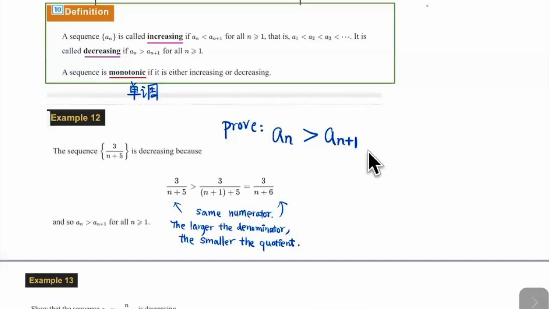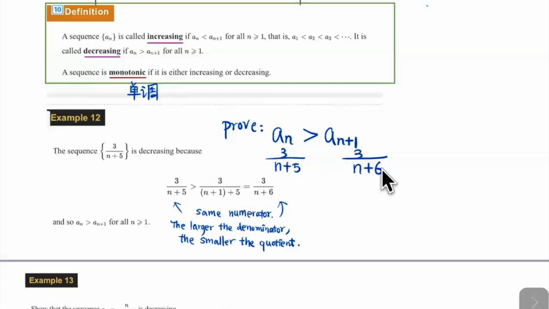a_n is 3 over n plus 5, and a_(n+1) is 3 over n plus 6. If you can somehow prove this one is greater than this, then we prove that the sequence is decreasing, right? But is it clear why this one here is greater than this?